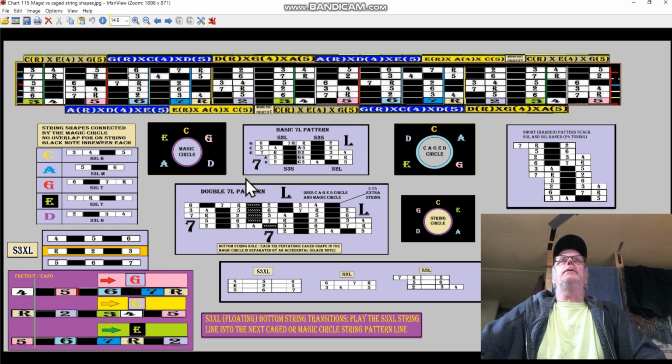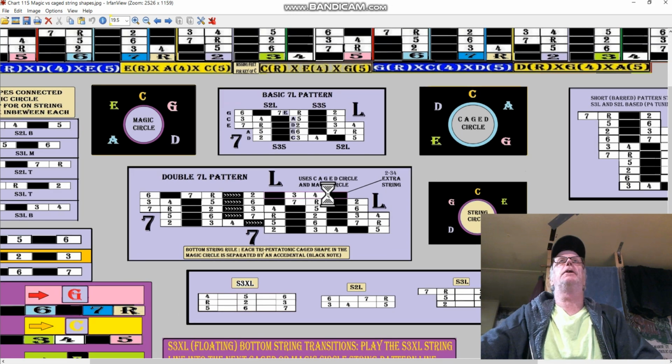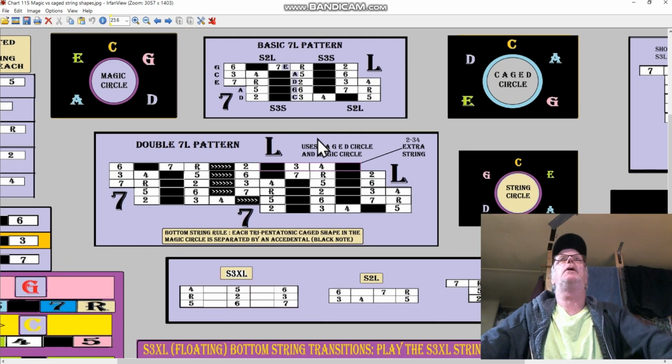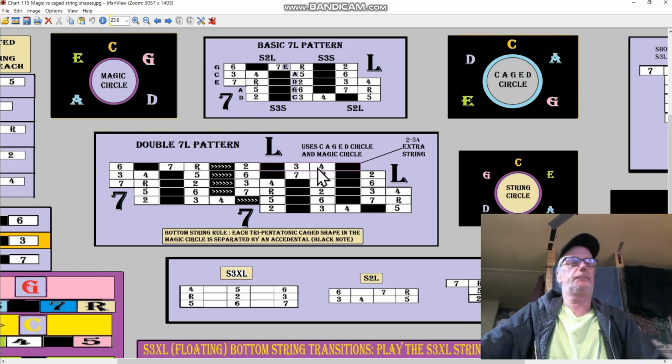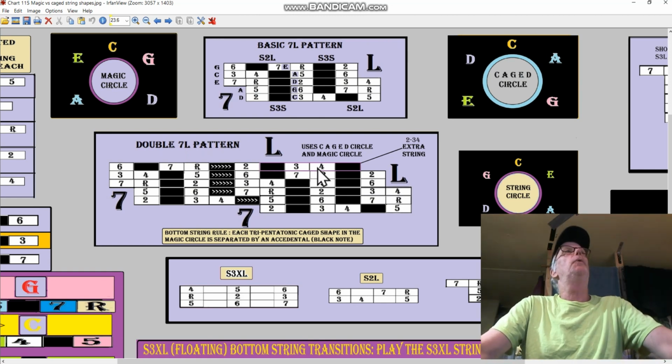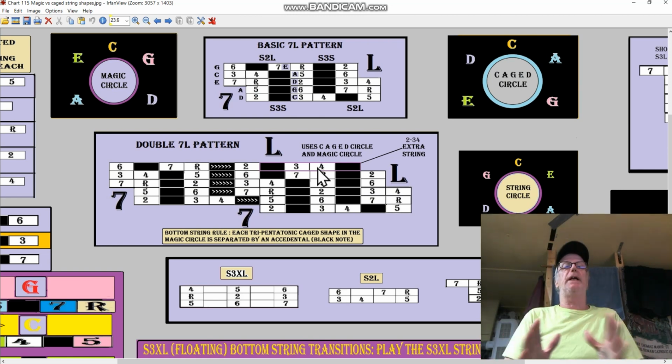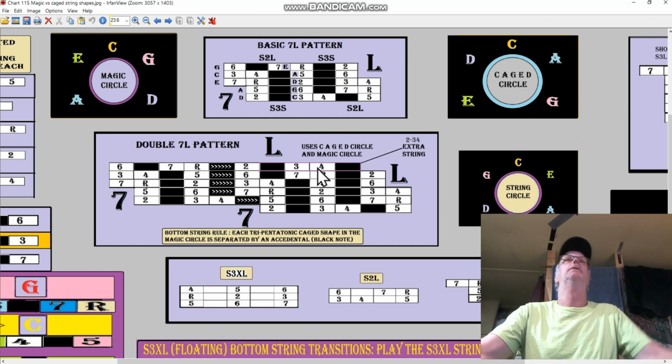Now, the transitions, in this particular diagram, are going to be indicated by these arrows. So it's going to be a transition from a string segment here to a string segment here. So what's new about this new way of playing that I have, and this is why I'm sharing this with you, is it makes it easier and more versatile on the guitar fretboard.